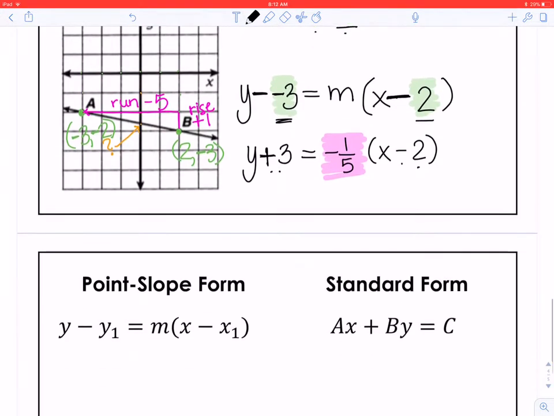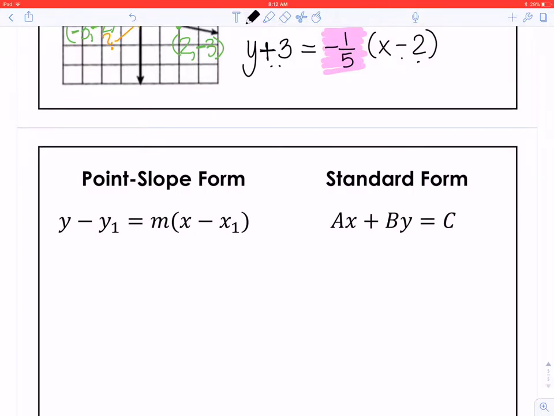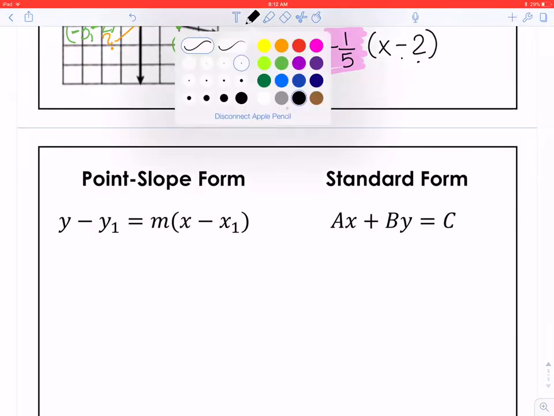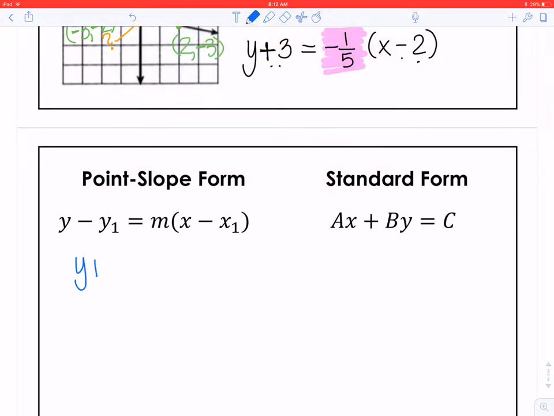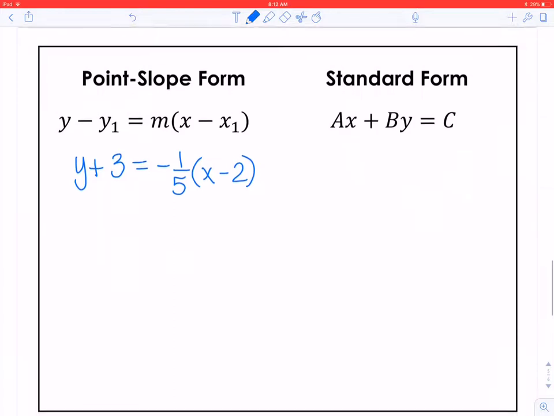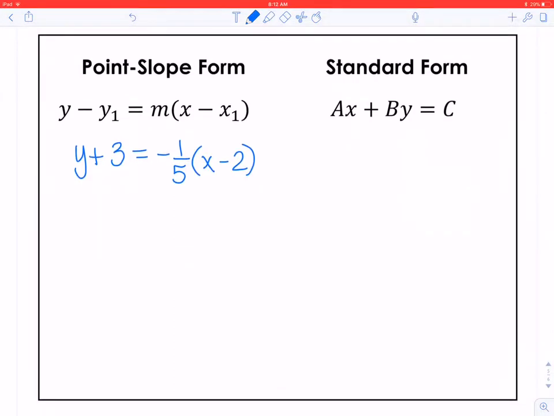So y plus 3 is equal to a negative 1/5 times x minus 2. We're in point slope form. If we want to convert to standard form, notice how standard form doesn't have any parentheses.